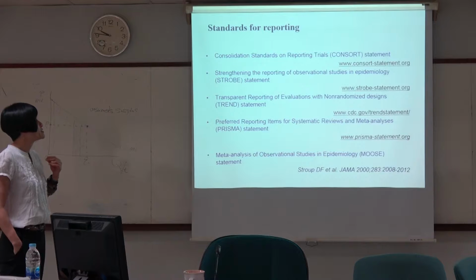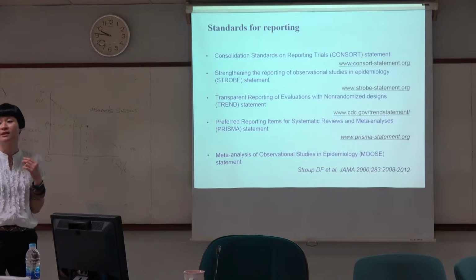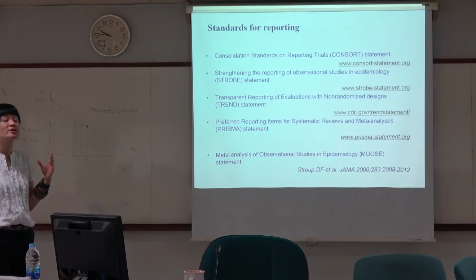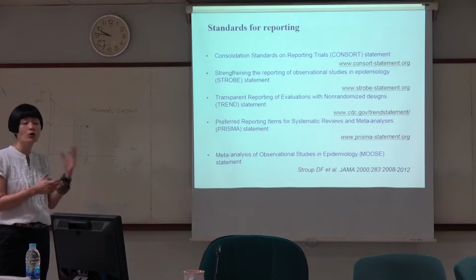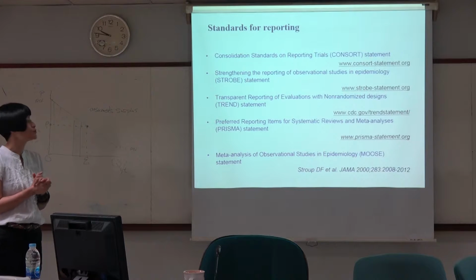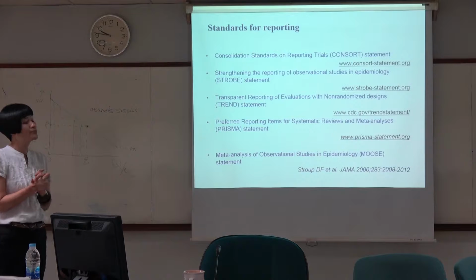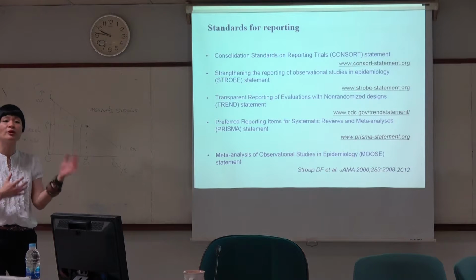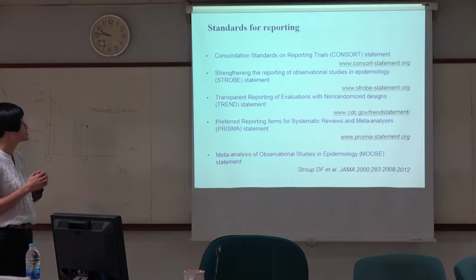The STROBE statement focuses on observational studies and epidemiology. So if you're doing a systematic review of observational studies, cohort studies for instance, then it's a really good statement to guide you. Transparent Reporting of Evaluations with Nonrandomized Designs, the TREND statement, is designed for public health type studies, before and after studies, non-randomized studies.